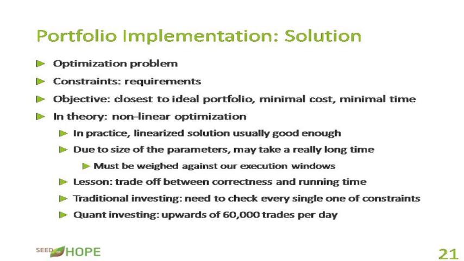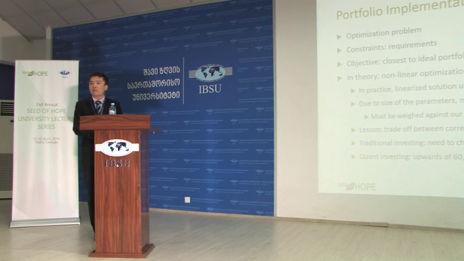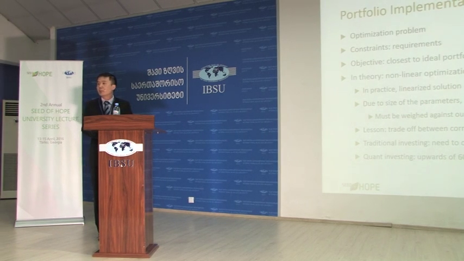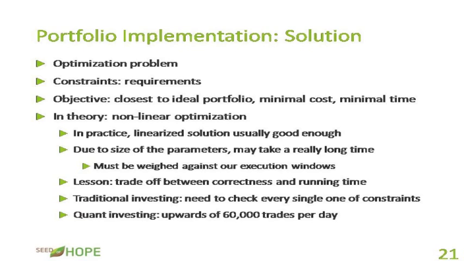In the traditional investing world, your manager really has to check every single one of those constraints. The picture of traditional investing that I showed you earlier is of a friend and colleague of mine, who is actually a traditional investment manager. He has literally 30 Excel spreadsheets open, and he has to switch back and forth to make sure none of his constraints are violated. But in the quant world, this will never happen.